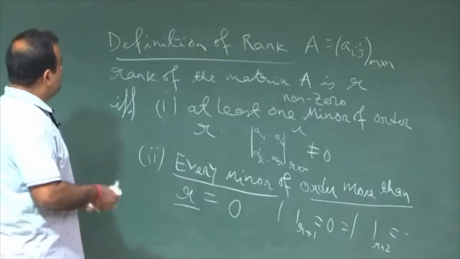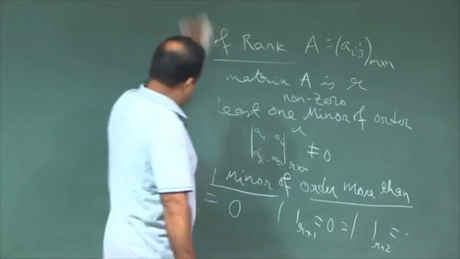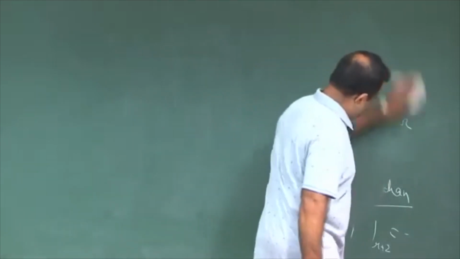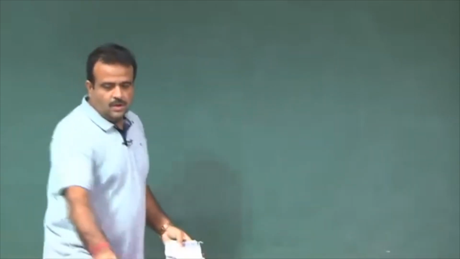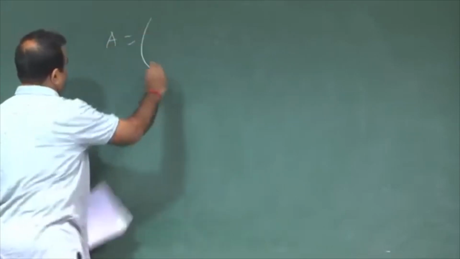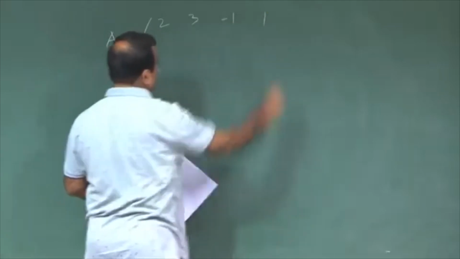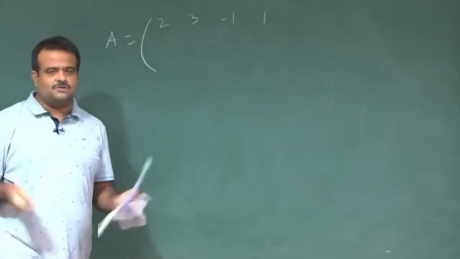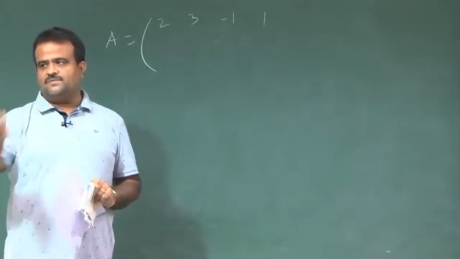Now, we will take an example to see how to get the rank of a matrix. Suppose we take a matrix like this. These are real matrices, that means the elements are coming from the real field, but it could be a general field also, in which case we need to define the determinant over that field.